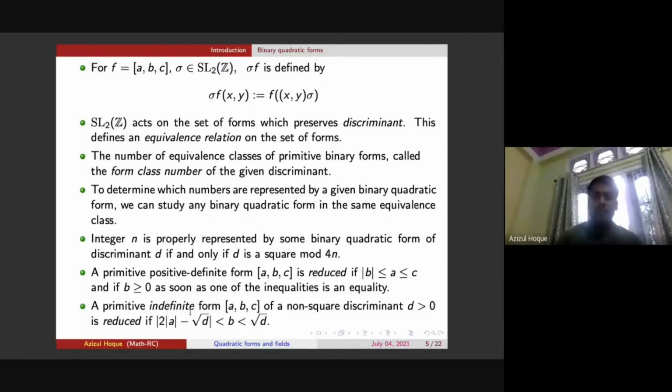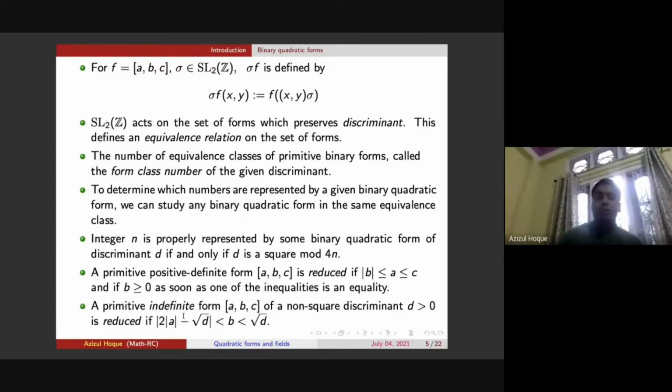Similarly, in case of indefinite forms, one can again conclude that the form class number is finite. But in this case there is some problem. In case of positive definite forms, each class contains only one reduced form, but here each class may contain more than one reduced form.